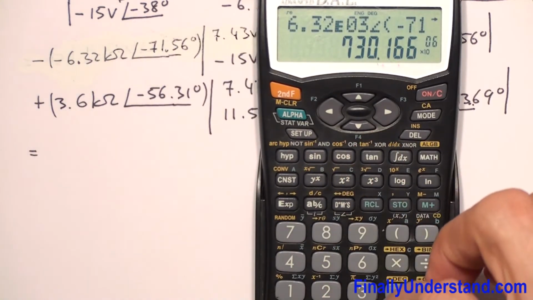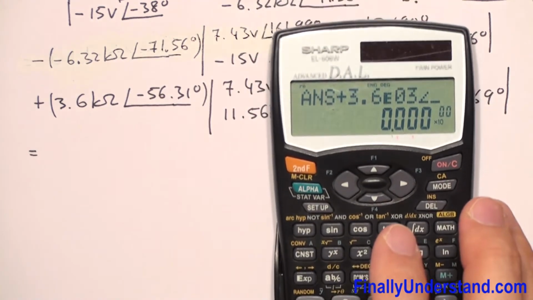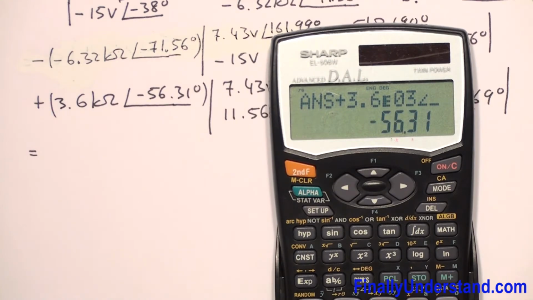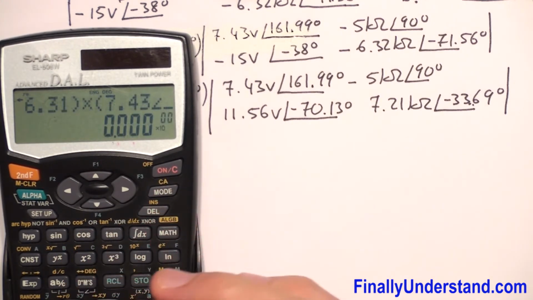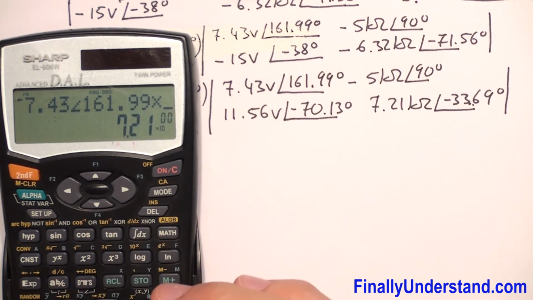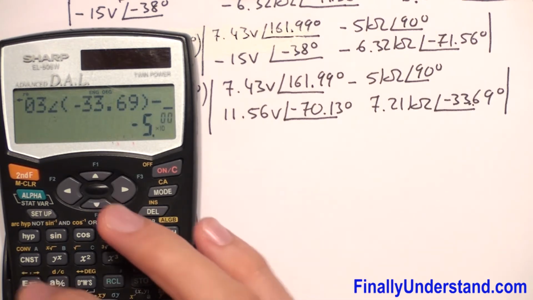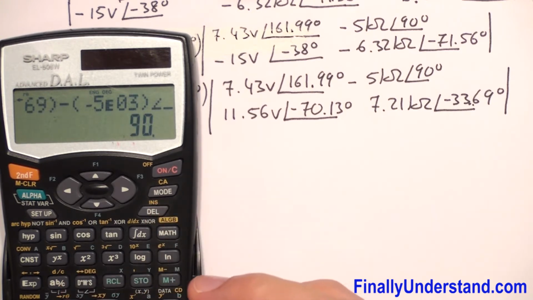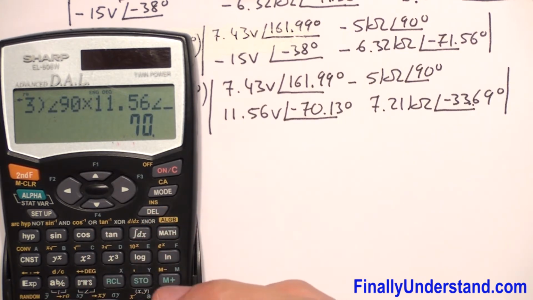And now we have plus 3.6 exponent 3 and angle of negative 56.31 times open parenthesis 7.43 and angle of 161.99 times 7.21 exponent 3 and angle of negative 33.69, minus negative 5 exponent 3 angle 90 times 11.56 and angle of negative 70.13, close parenthesis.